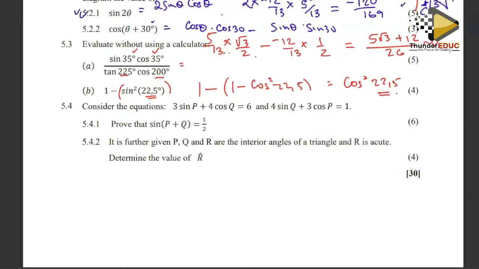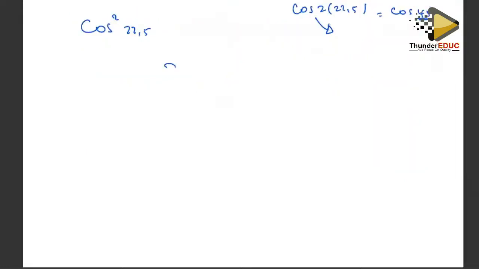Did we do the right thing here? We said 1 minus, isn't that wrong? Because we said sine squared is the same as 1 minus cos squared. It's fine, it's okay. Meaning that we have 2 cos squared of 22.5 minus 1, this needs to be the cos of 45.